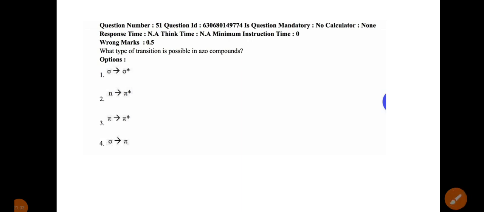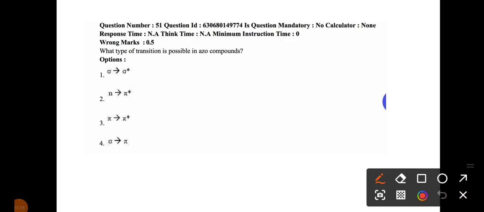So the next, what type of transition is possible in azo compounds? Sigma to sigma star, n to pi star, pi to pi star, sigma to pi, right? So what is the answer here? The answer is pi to pi star. Why pi to pi star transition?